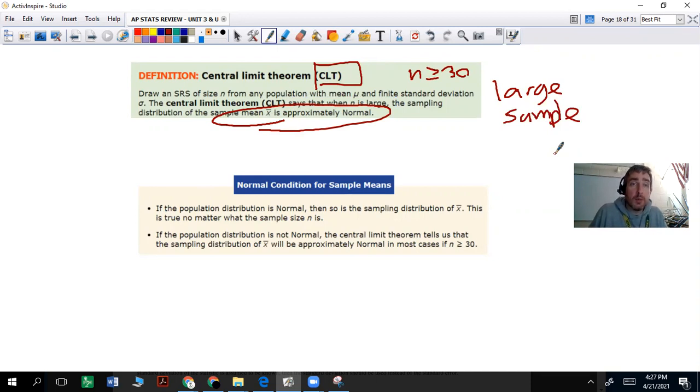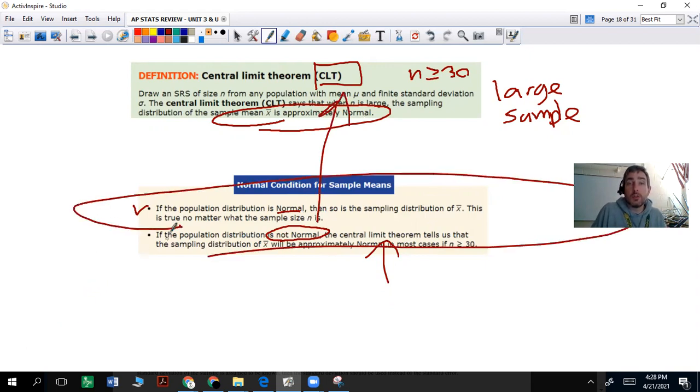The normal condition, there's a couple ways to get it. If the population distribution is normal, you don't need a large sample size. The sampling distribution will be normal. But if it's not normal, this is the key, you have to use the central limit theorem to say that the sampling distribution is going to be normal. We don't need the central limit theorem if you're given that the population distribution is normal.